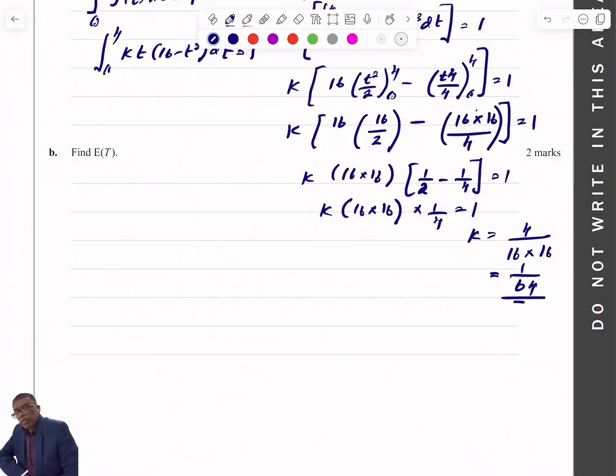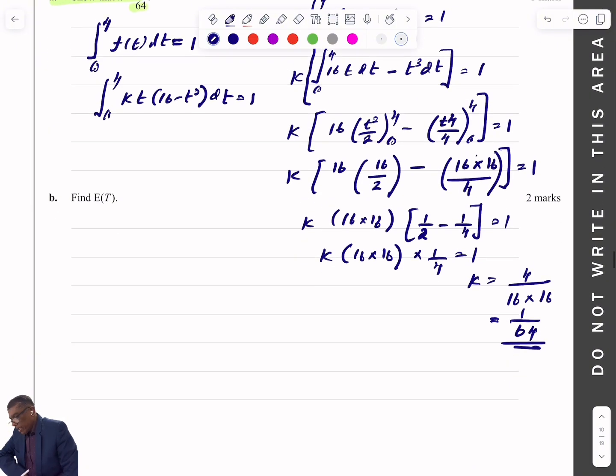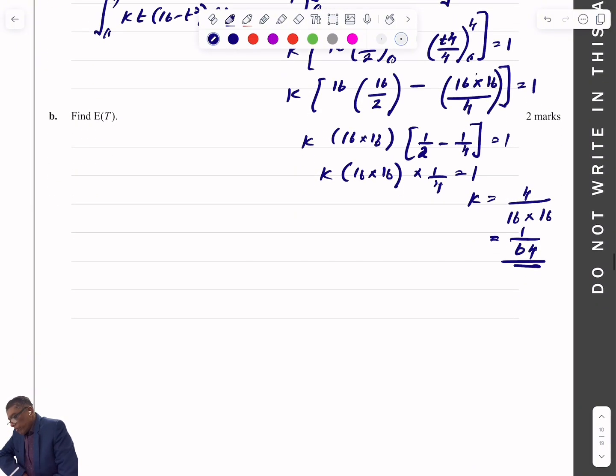The second part of the question, part B, we are asked to find E of t. E of t is the expected value of the function.